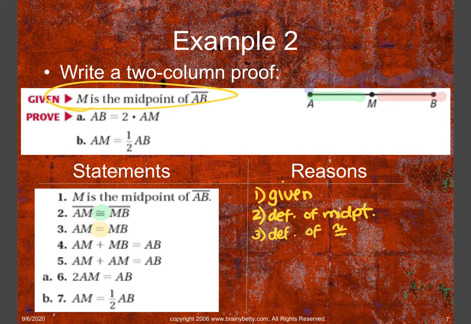What are we saying there? That's the segment addition postulate. We are saying that one segment is the sum of its two parts. Now 5 says AM plus AM equals AB. Substitution. We already said that AM and MB are the same thing, so we replaced one with the other, and that's substitution.